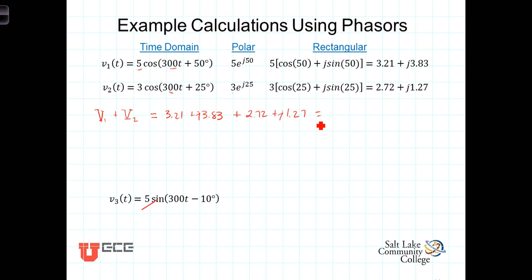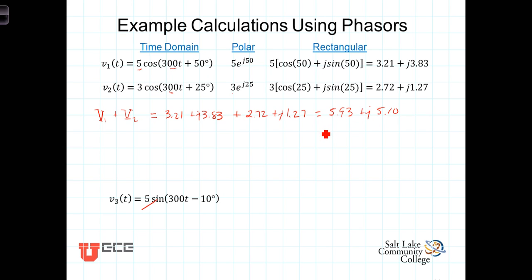And you add those up and you get 5.93 plus j5.10. Now let's convert those back to polar coordinates, because in polar coordinates it is easiest to see what the magnitude and the phase is that we use then to rewrite it in its time domain form.